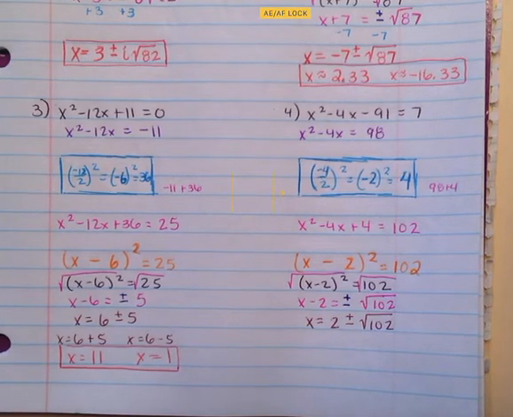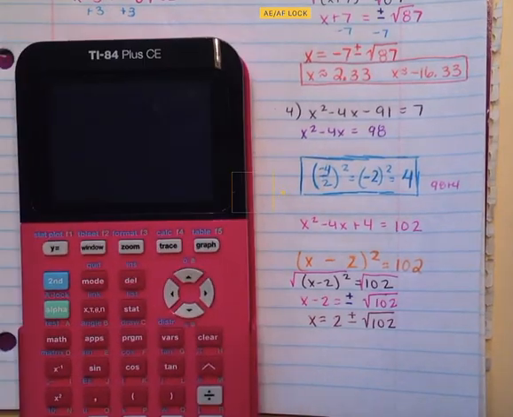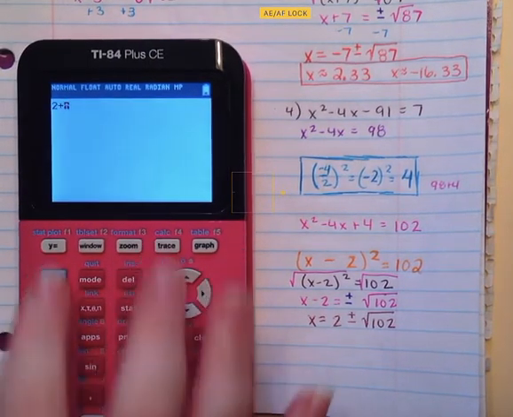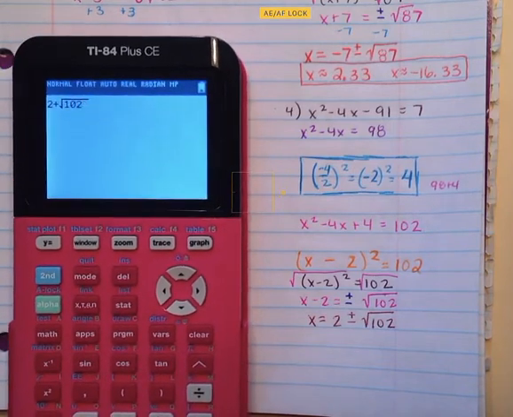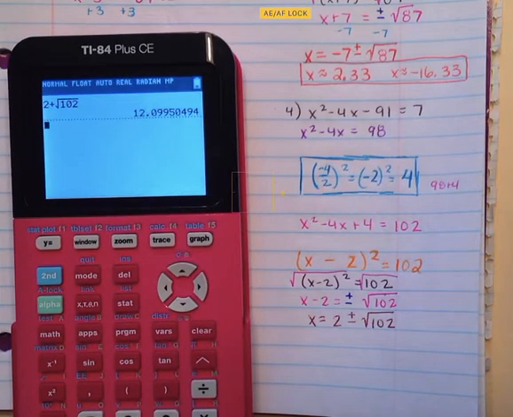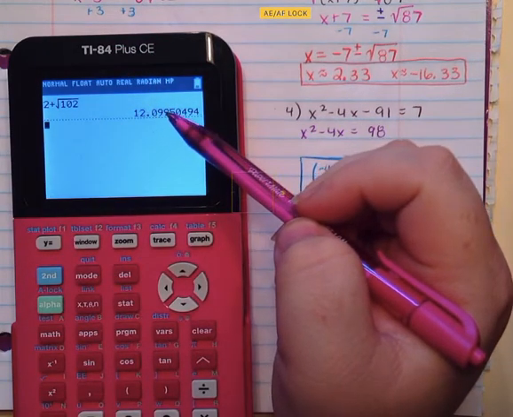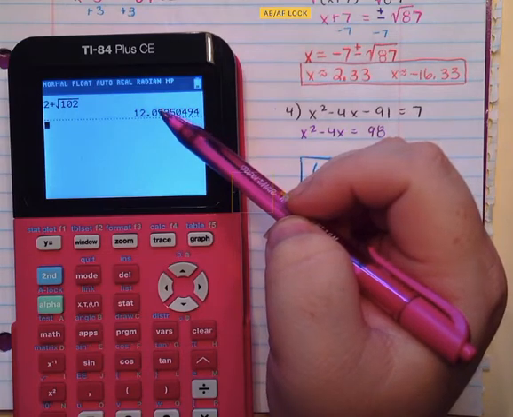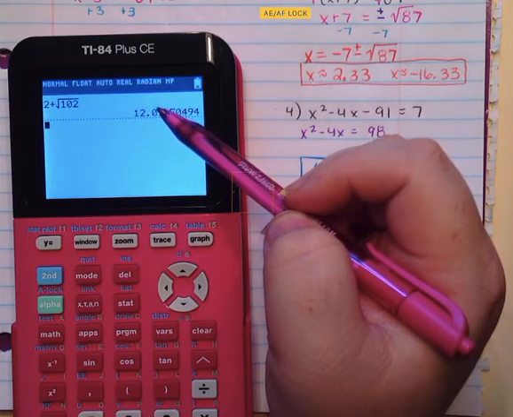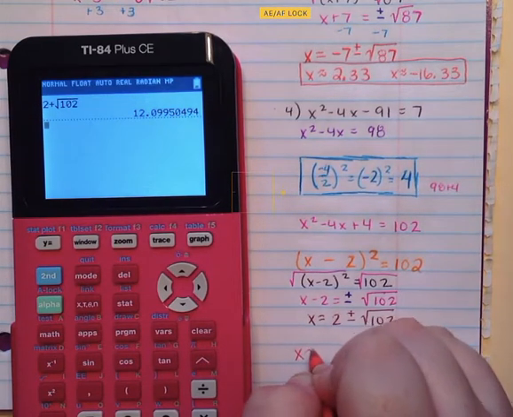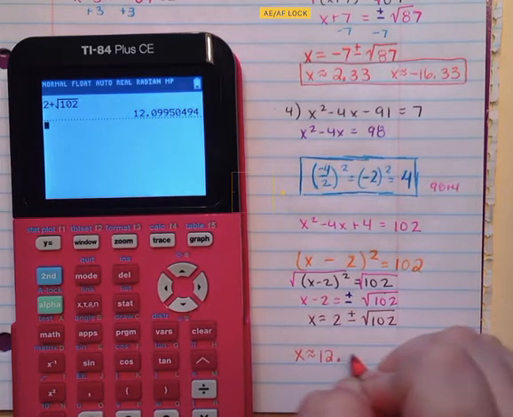So using our calculator, we're going to do 2 plus the square root of 102, and get an approximation, which is 12. And so if we look, this 9 makes this 9 go up to a 10, which therefore makes this 0 go up to a 1. So it's really, x is approximately 12 and 1/10.